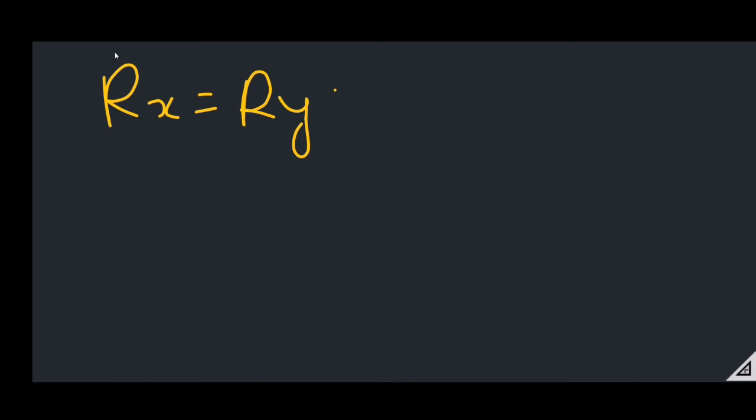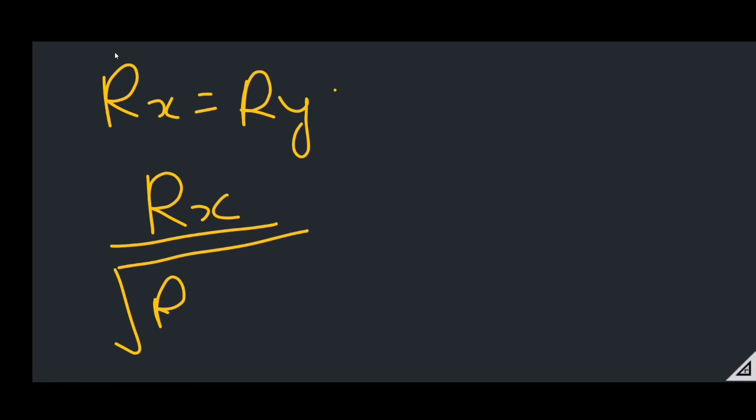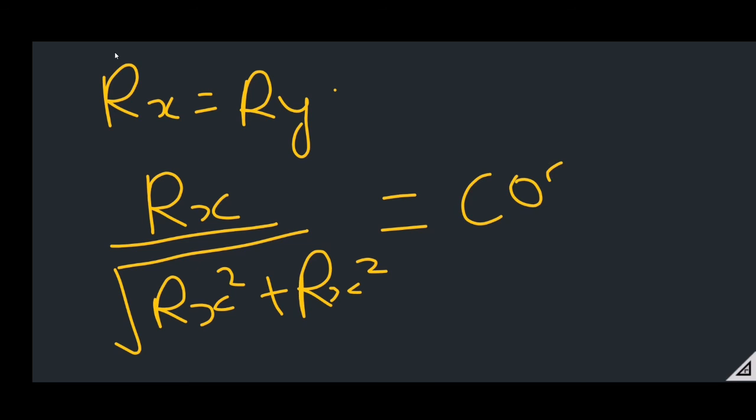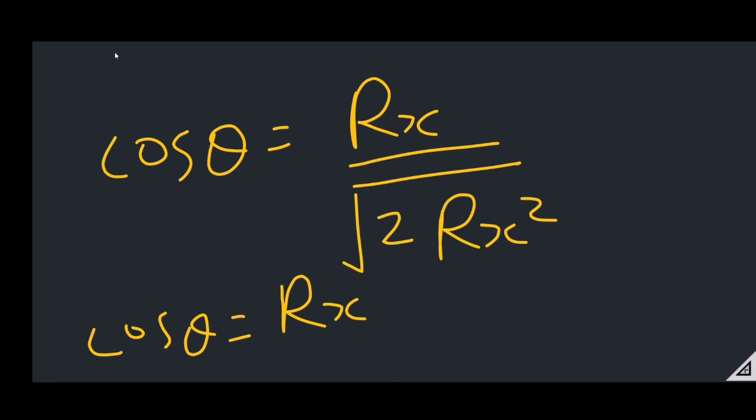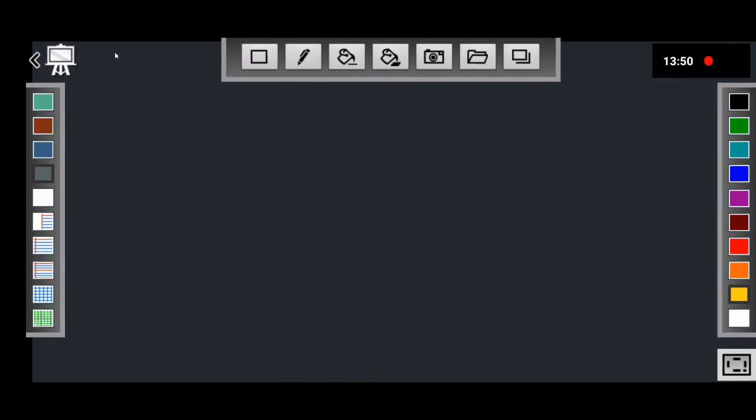So we can write rx upon root under rx square plus rx square equals cos theta, which gives cos theta equals rx upon root under 2rx square, that is rx upon rx root 2, and rx cancels. Then we obtain cos theta equals 1 by root 2.